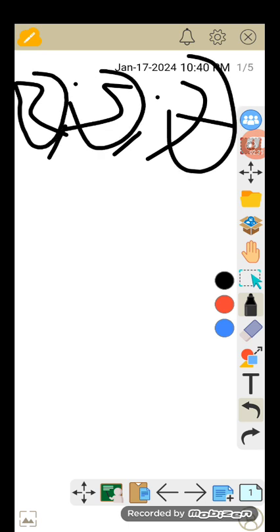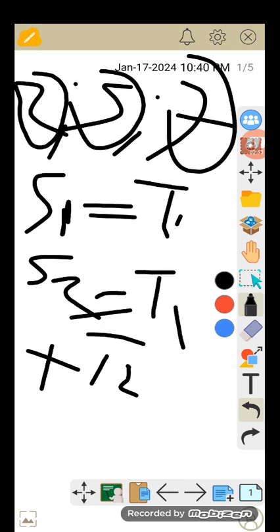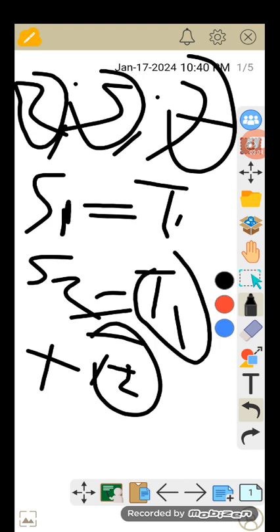When we represent a sum, we represent it by S. S1 is equal to what? To T1, because it is a sum of one term, which is 2. And S2 is equal to what? T1 plus T2. When I'm saying S2, I'm saying that I'm calculating the sum of two terms, where T1 is 2 and T2 is 5, and it is going to give me 7. That is 2 plus 5, you see.